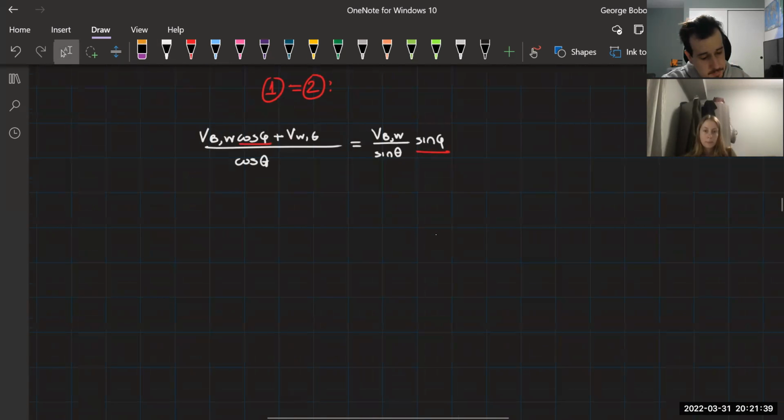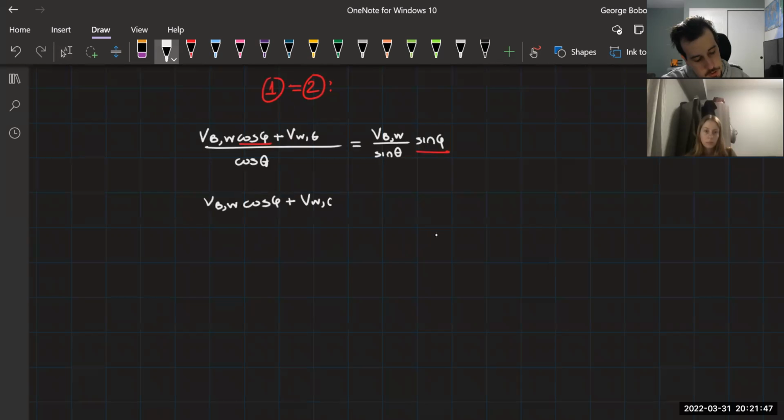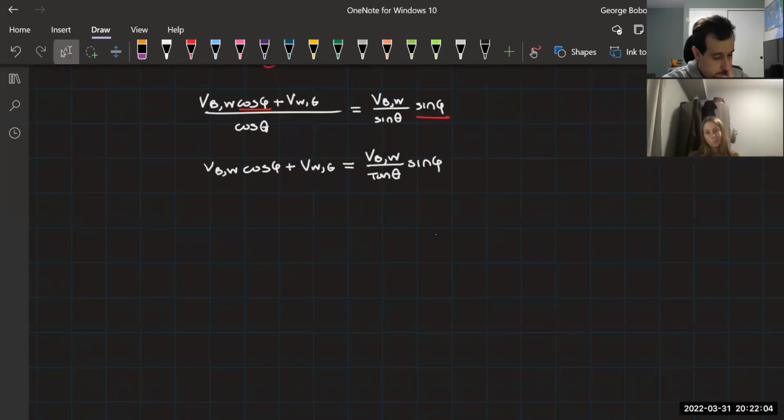Okay. Let's multiply both sides by cos. We get VBW cos phi plus VWG is equal to, you put the cosine over there, you have cos over sine or 1 over tangent. So you get this and then times sine phi. Okay.